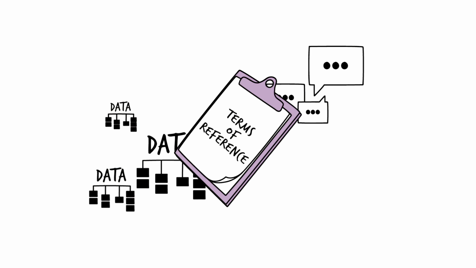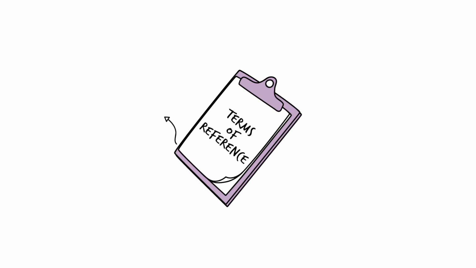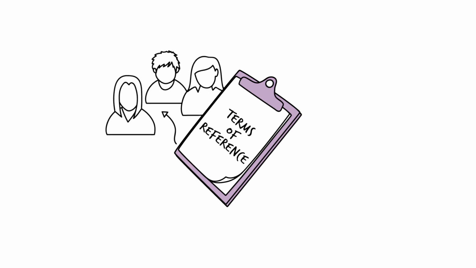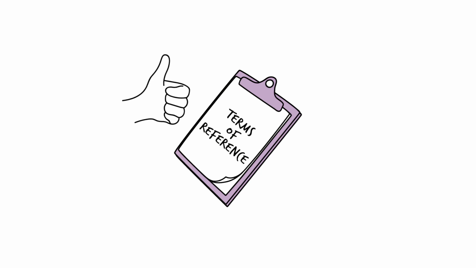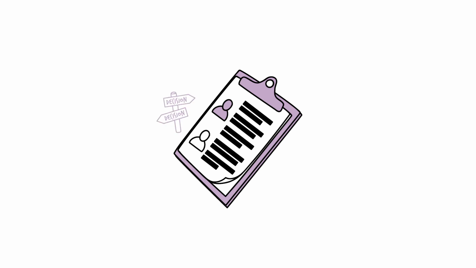It is often used as a principal tool to identify and contract external evaluation consultants. Using these tools strengthens evaluation planning and design, which in turn helps evaluations inform decision-making and reflect stakeholder needs.